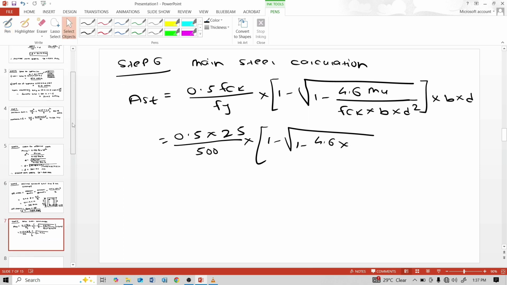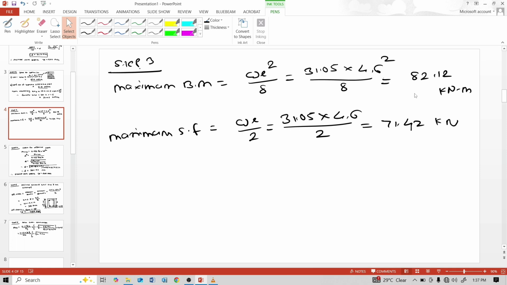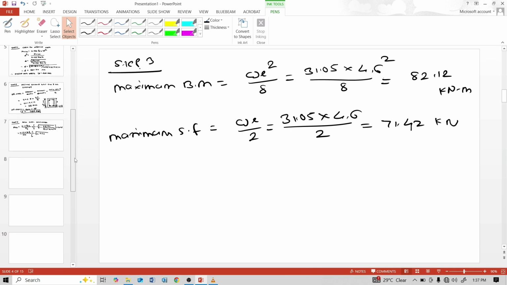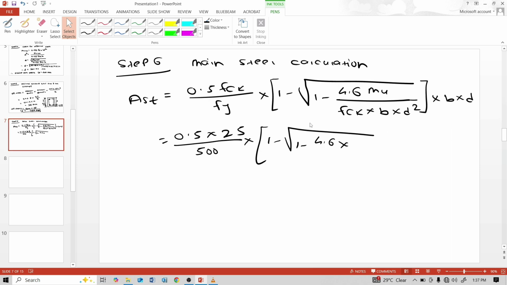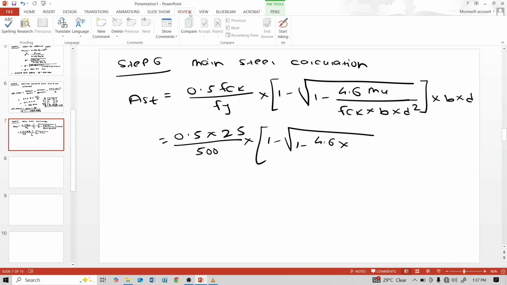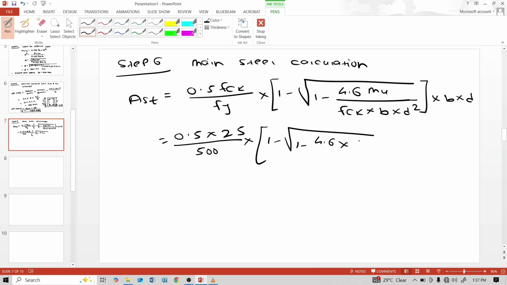Our Mu is this 82.12 kilonewton meter. Convert it into Newton mm. 82.12 kilonewton meter, conversion to Newton mm, multiply 10 raised to 6. FCK 25.